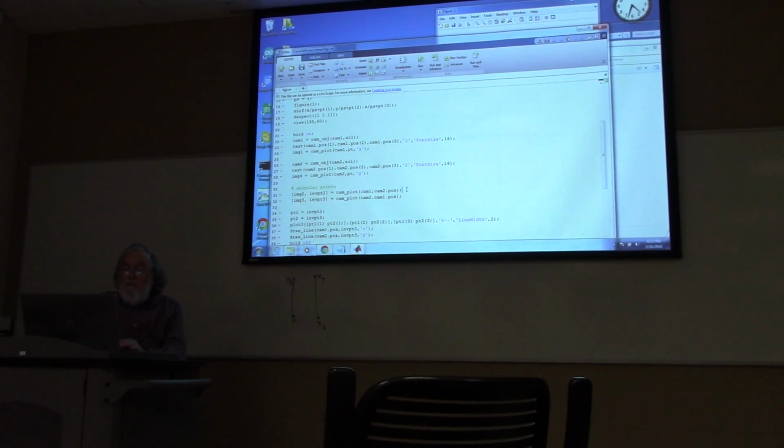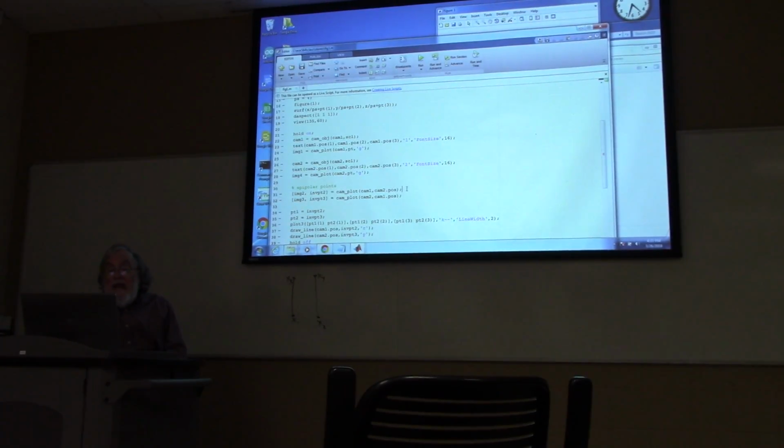So the epipolar points is we take the camera 2 position and we calculate where it is in camera 1. That's the line where the cursor is at.